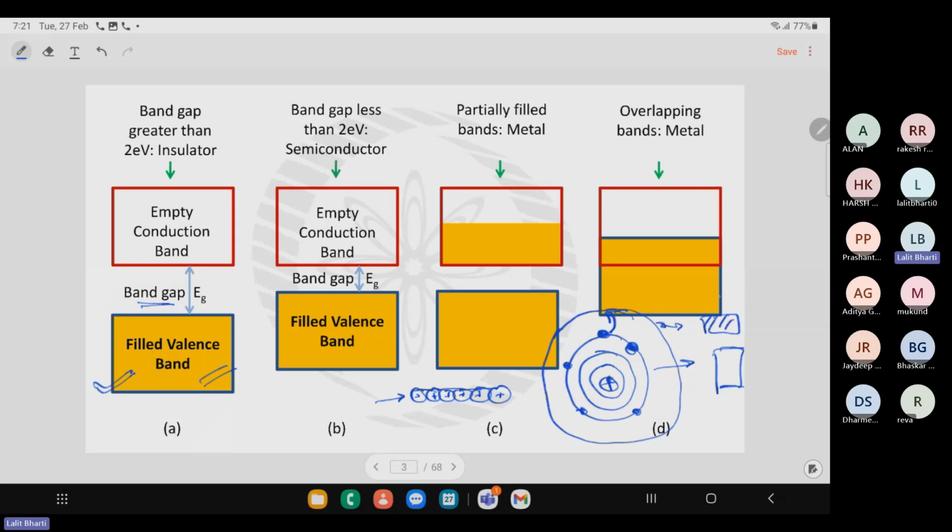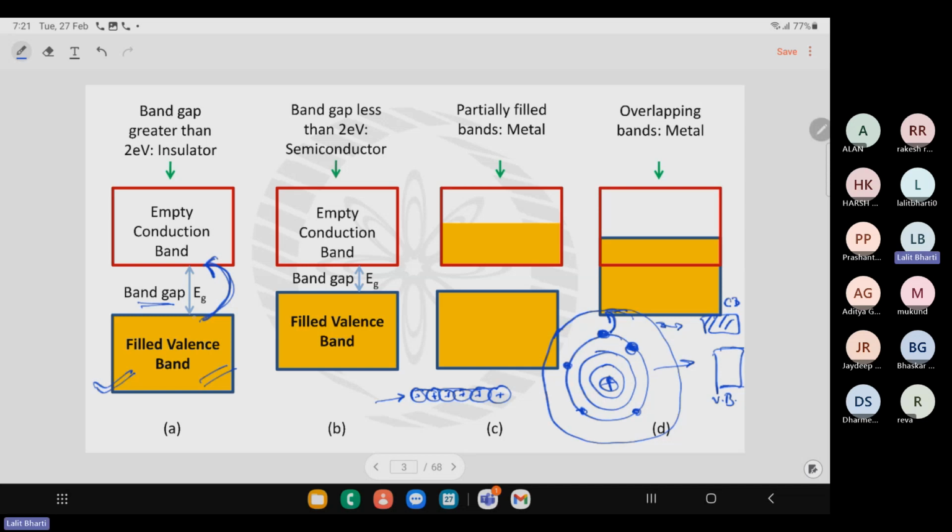So this is your conduction band, and this is your valence band. The main criteria is your electron should be able to move from the valence band to the conduction band. And if it can move, your material is either conductive, non-conductive, or semiconductive.